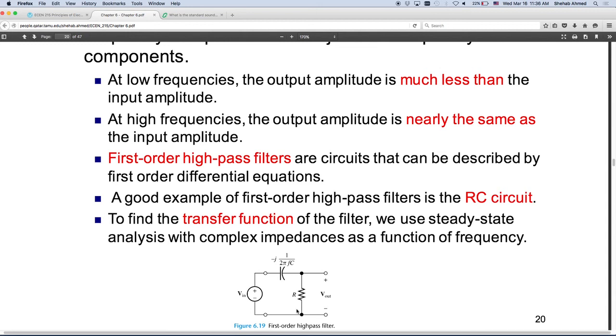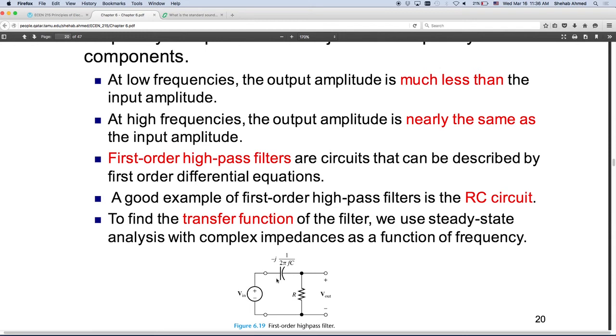So if omega is 0, so DC, what does the capacitor look like? 1 over 0, infinity. So it's an open circuit. And 1 over omega big is 0. So at high frequencies, the capacitor is a short circuit. At low frequencies or DC, the capacitor is an open circuit.